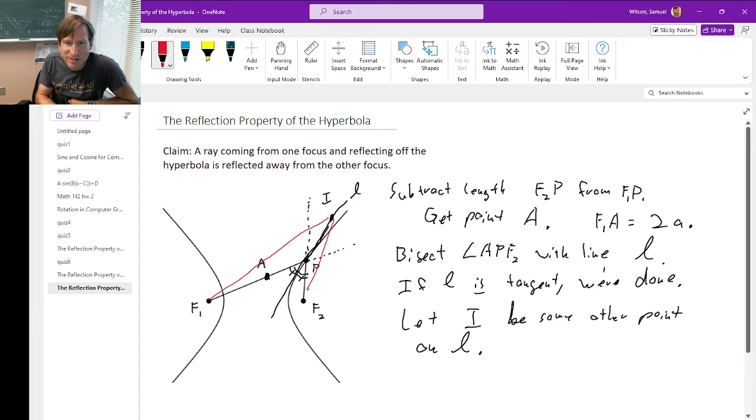And we're going to think about the difference of these two, because we need to compare that to 2a. Because if it's equal to 2a, then I is on the hyperbola, and if it's not equal to 2a, then I is not on the hyperbola.